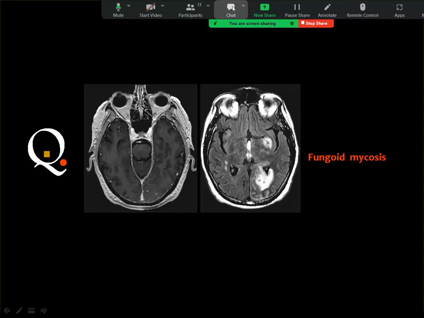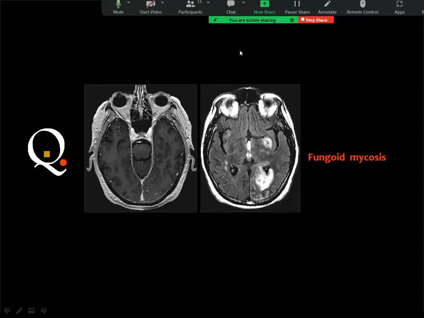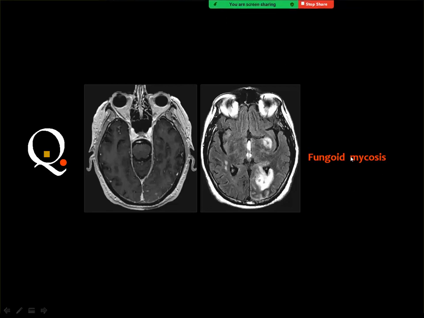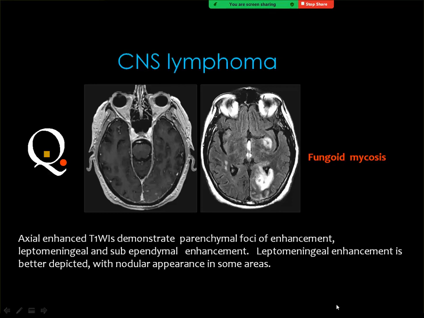But if you do not know, fungoid mycosis is lymphoma of the skin. If the patient is known to have lymphoma of the skin, then you know that these periventricular lesions will represent a lymphoma as well. And sometimes the lymphoma may show very weak or even very faint contrast enhancement.